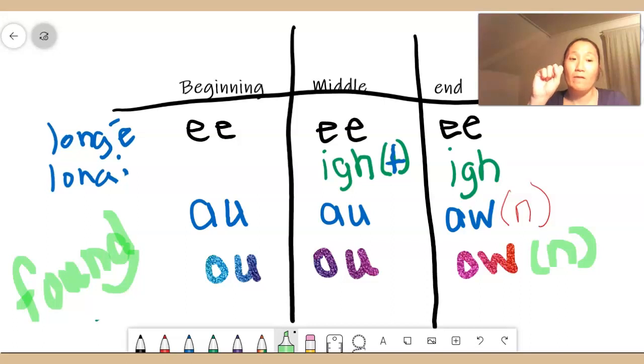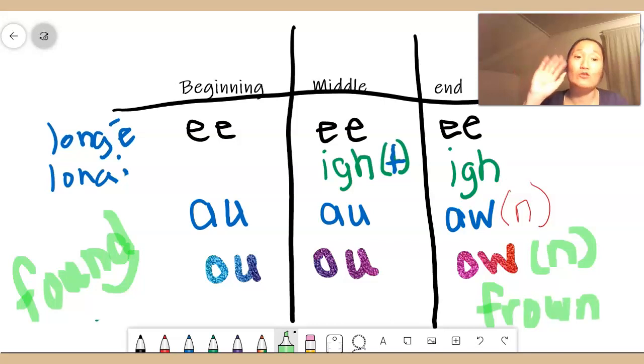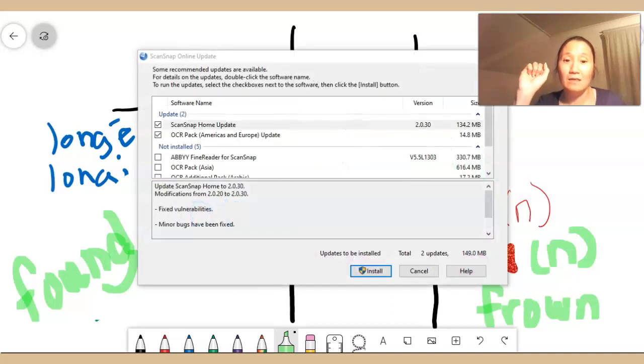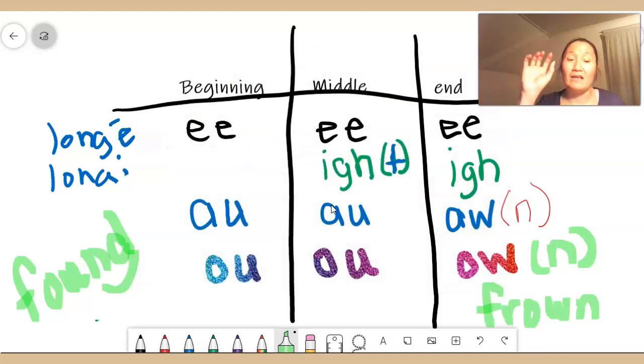Ow would be O-W-N, because you hear that N, not the ND in found. Sorry. And frown. So you have those sounds. You have to follow that.